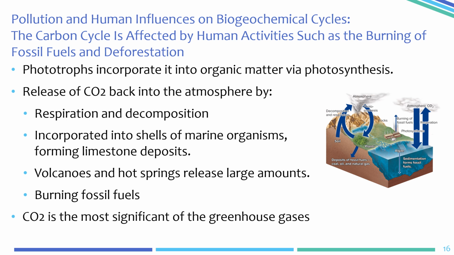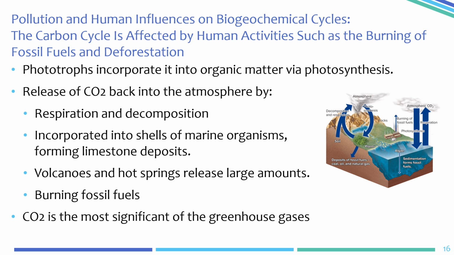Natural carbon dioxide is produced by respiration and decomposition. So outside of human activities, carbon dioxide is naturally released by living organisms. You breathe out carbon dioxide, you breathe in oxygen. When living matter dies, it is decomposed and carbon dioxide is released, or carbon molecules are transferred.